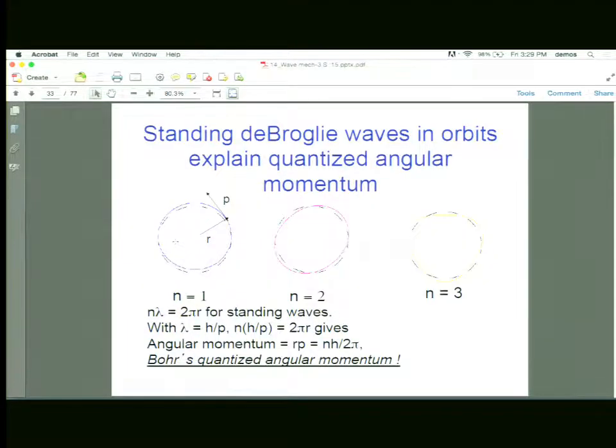As far as we know, only waves can do that. So this is a little harder to confirm, because you can't look at an atom and just see what it's doing around the loop here. But it certainly was provocative that it could be extended even to trying to explain atoms.